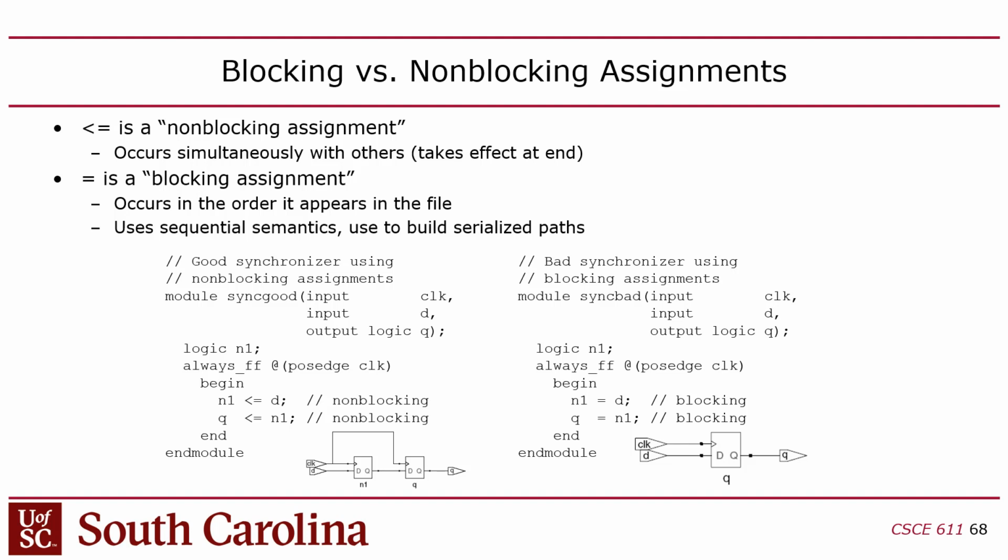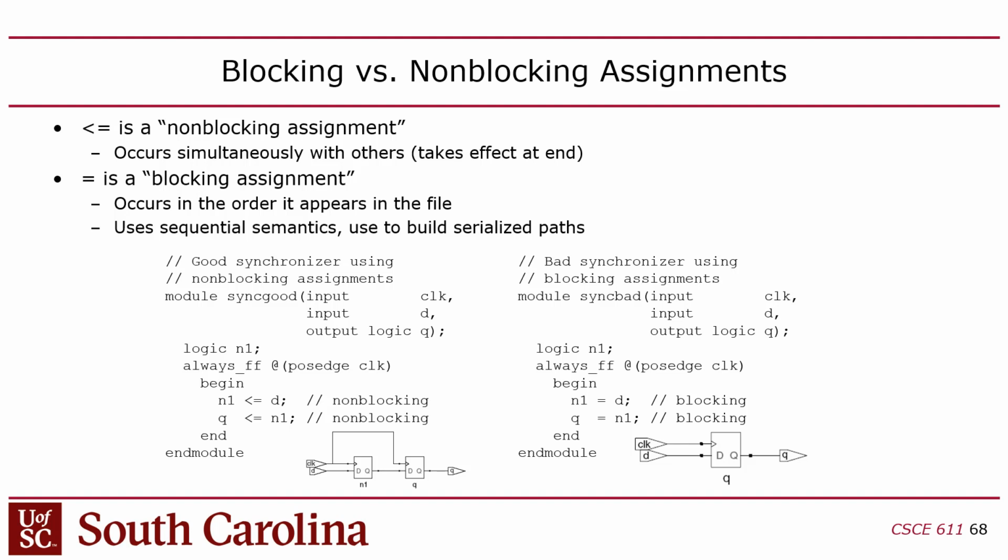But in general, like I said, the convention is that you should always use this for clocked and that for unclocked, right? If you forget, it's usually not catastrophic. But I've had some bugs that were really hard to track down because I accidentally used blocking in clocked logic. And the crazy thing is, the bug wasn't because of N1 being assigned in here and then used in the same always.